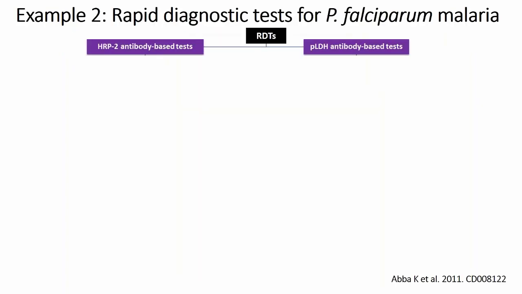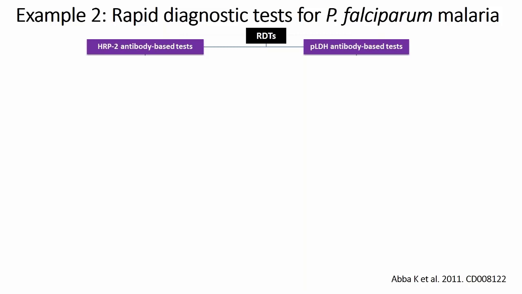Now, this example is more complicated, and I've illustrated the tests in a hierarchy. So in order to provide a coherent description of the studies that contributed to each analysis, the results were structured by grouping studies at the highest level according to antibody type.